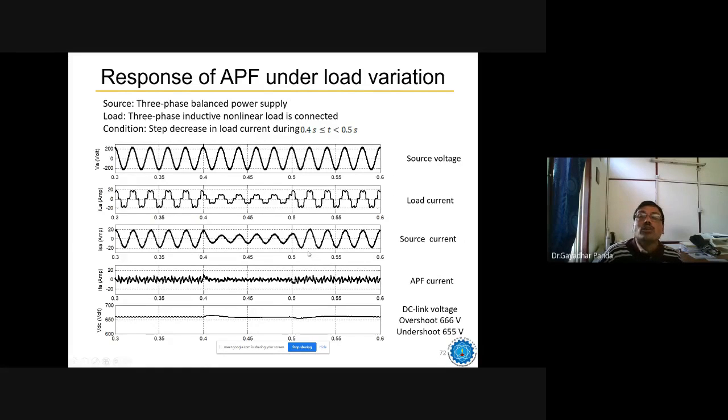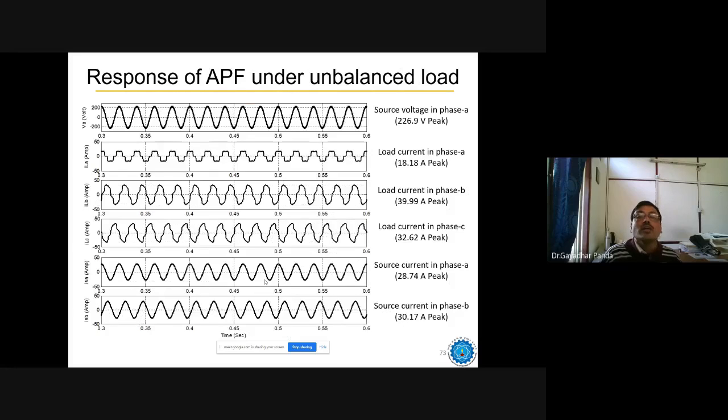And different load conditions also we have taken. The load variation is there, and you can increase or decrease the loads. And under that situation, whether your active power filter is working perfectly or not, that we have verified. That is also working satisfactorily, you can see.